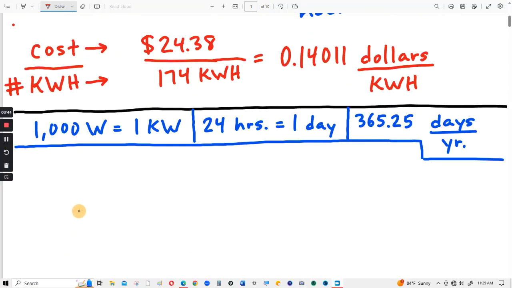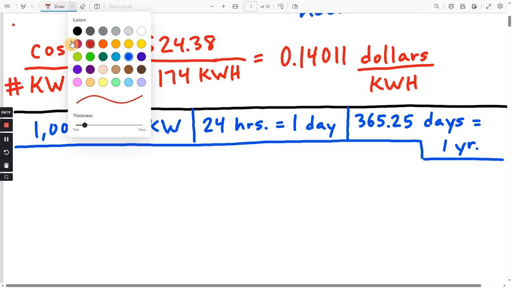So just some conversion factors here. We said at the beginning that 1 kilowatt is equivalent to 1,000 watts. We know that there's 24 hours in a day. And we know that there's 365.25 days in 1 year. Okay, the 0.25 is to account for leap year, but it probably won't make much difference.